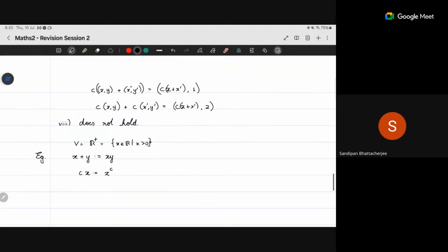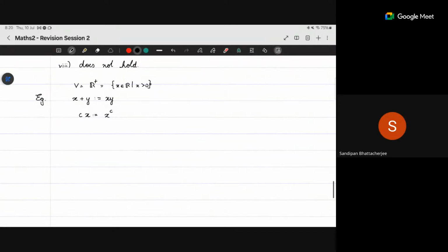So does this have an additive identity? If so, what is the additive identity? Let's just worry about additive identity.